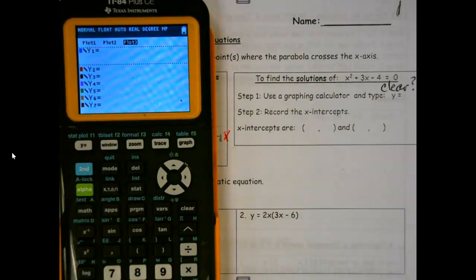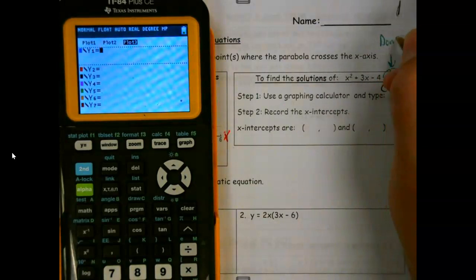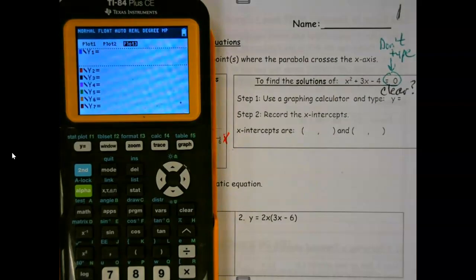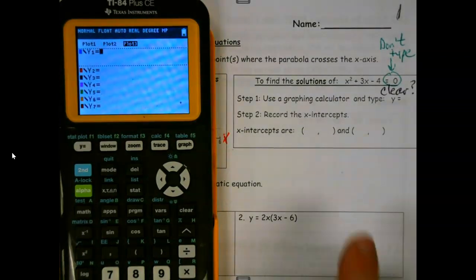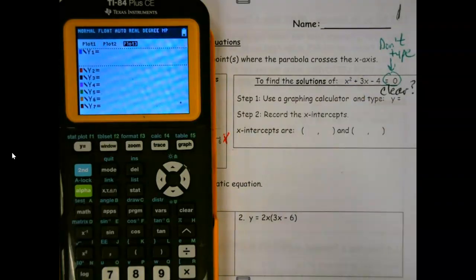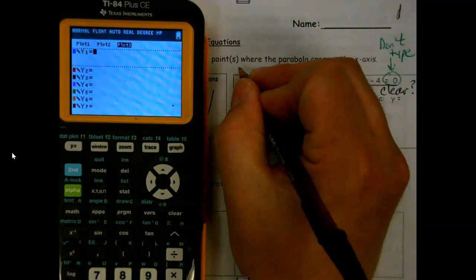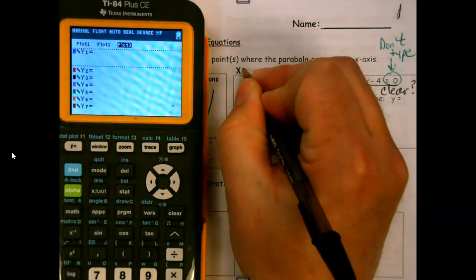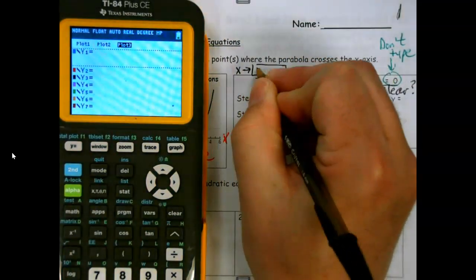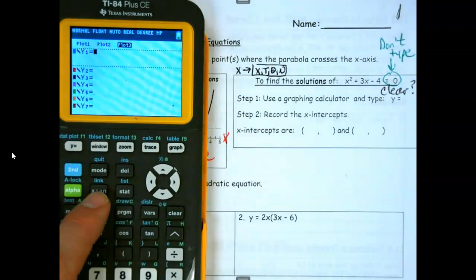Now, we're not typing in the equals 0 part. I'll explain why we don't need that here shortly. We're going to type this part into the y equals, though. So just like we did before, and I'll put it here again on your new notes in case your other ones get misplaced or something like that. When we want x, that's the button here with x, t, theta, n.